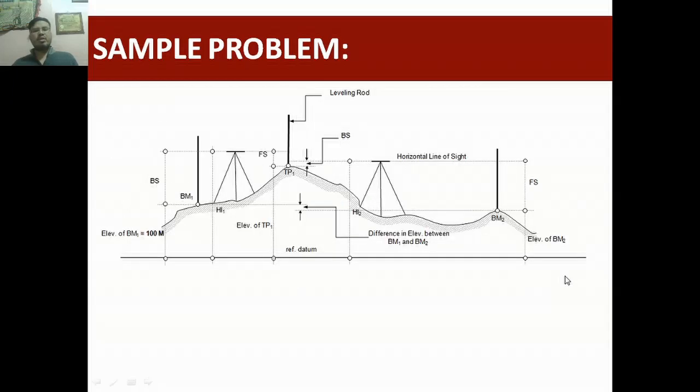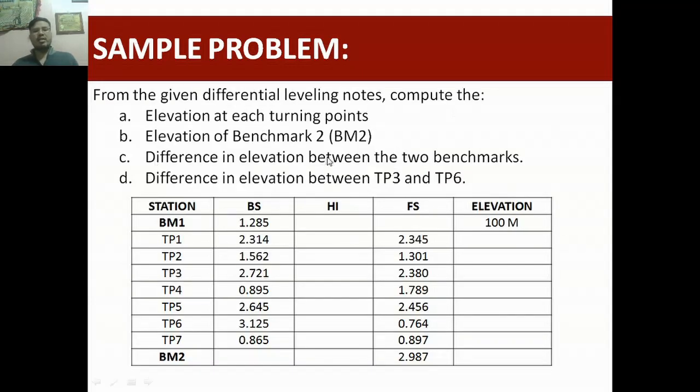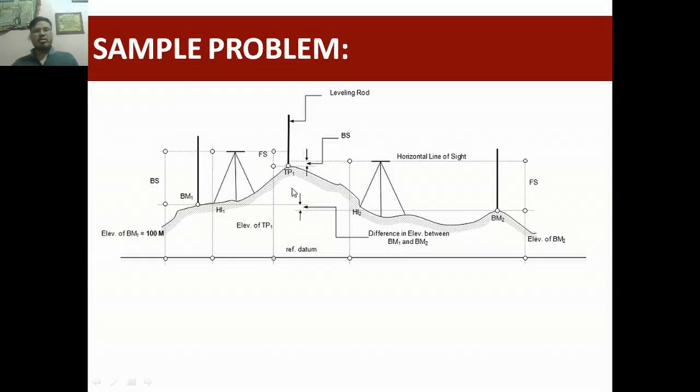Okay. So next we have here a simple illustration. This illustration is not the actual illustration of the sample problem. We'll just use it to understand how to get the elevations of the turning points and benchmark 2. As you can see here, the elevation of benchmark 1 is given. So how do we get the elevation of turning point 1?